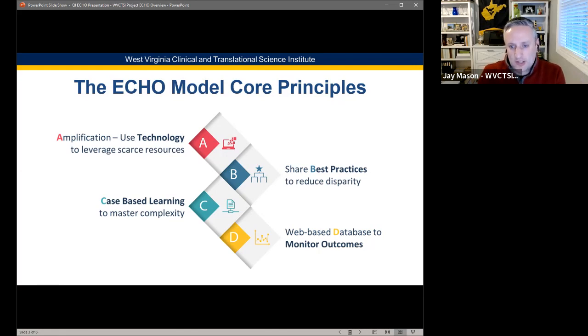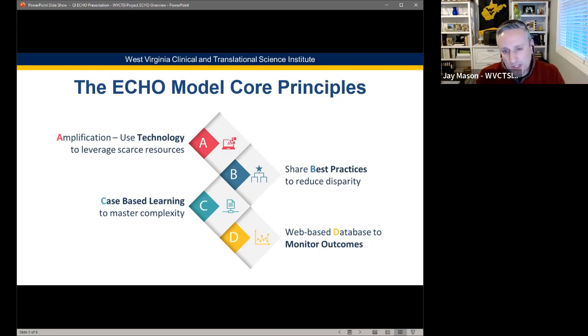The back half of the sessions are going to be where we're going to ask the spoke sites to present your project ideas, QI ideas, whether you have one existing and you're giving us an update on it, or you're starting with something new. And so it's going to be a little bit different. But really, the back half of the sessions are going to be very important, because this is your opportunity to ask questions, get advice, knock around some ideas, not only with the hub team, the expert team, but also your colleagues at different locations. So it gives you an opportunity to do that. So it's a little bit different, but case-based learning is one of the principles.